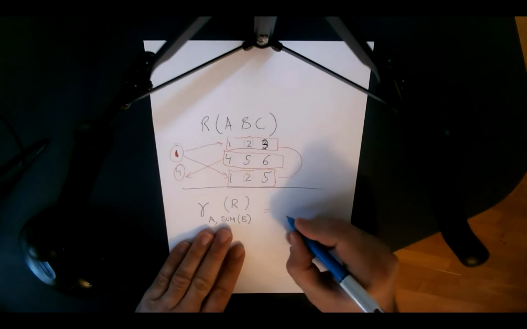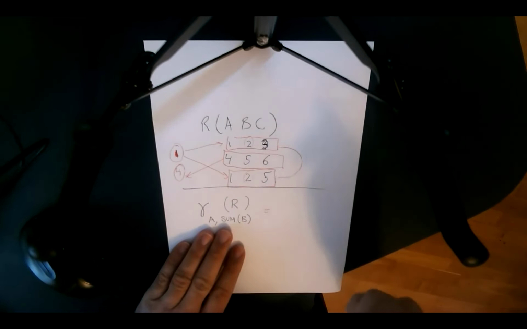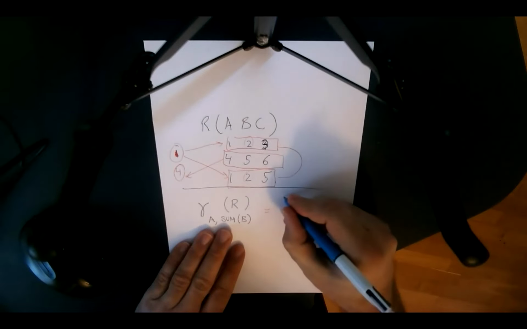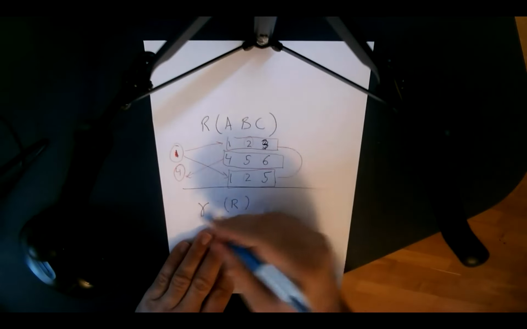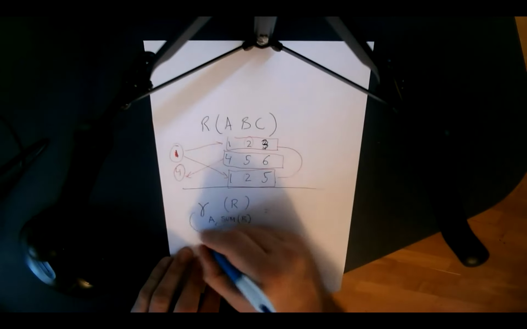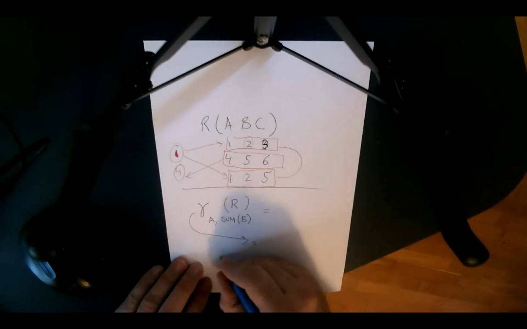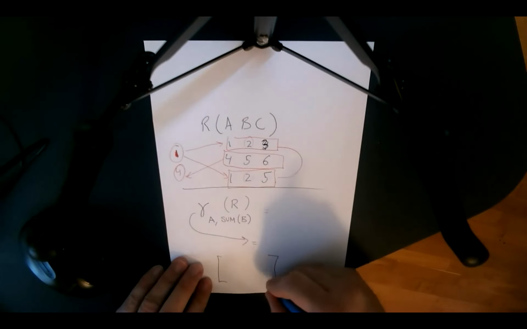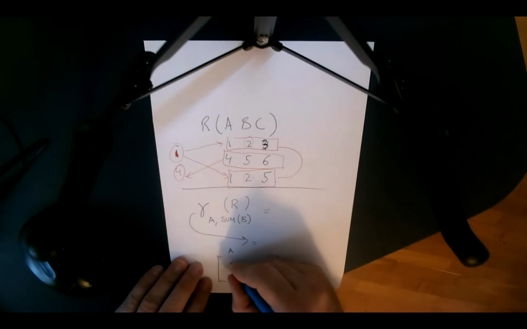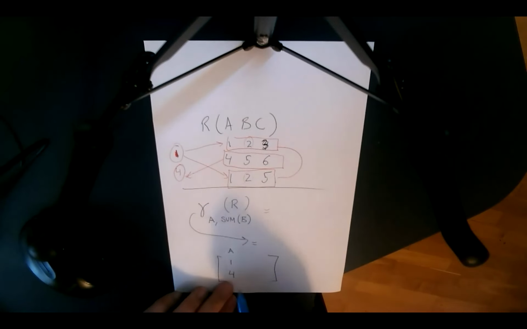So the result, when I do this, yields 1 and 4, because those are the A's for the different operations.